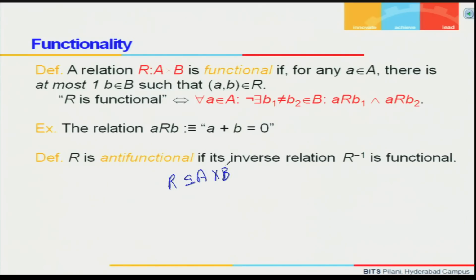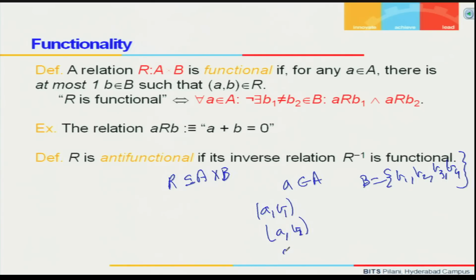And if I have got an element A, and say B is having a set like B1, B2, B3, B4, say 4 elements inside it, then this relation may be having A comma B1 in it, A comma B2, A comma B3 and A comma B4, depending on how he has defined it.